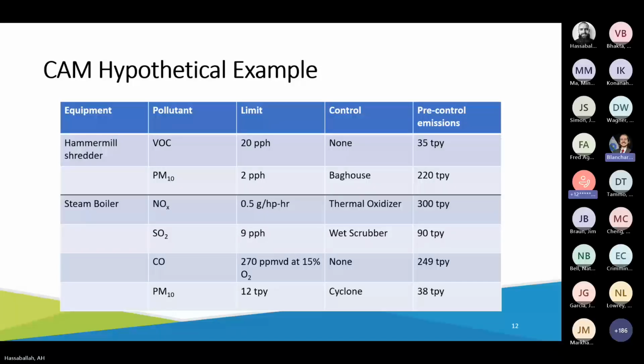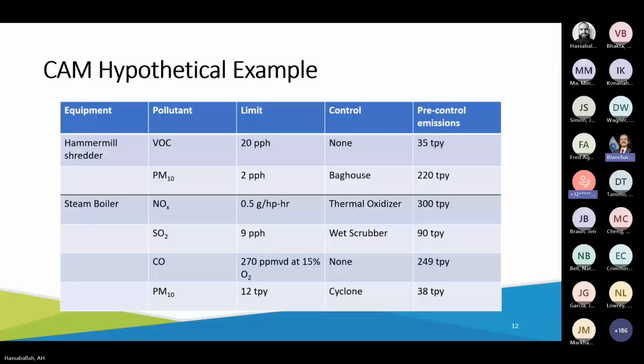Looking at the steam boiler, for the NOx, first and foremost, it has emissions greater than the major source threshold at 300 tons per year. It is using a control device, a thermal oxidizer in this case, so CAM would potentially be applicable. The SO2 does not have emissions greater than the major source threshold at 90, even though it does use a control device, so CAM would not be applicable here.